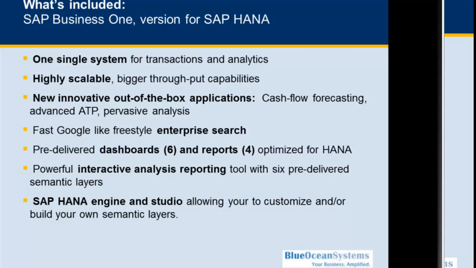And the ideal thing about the SAP Business One on HANA is it also provides a platform for innovation, and we will demonstrate some of these to you: the cash flow forecasting, the advanced ATP, and pervasive analytics.